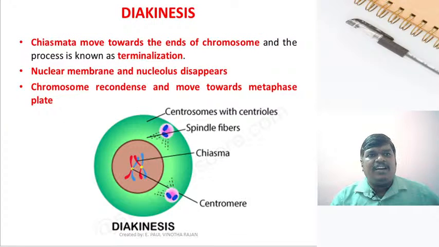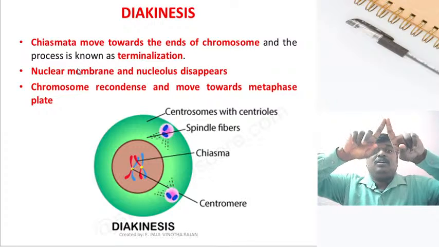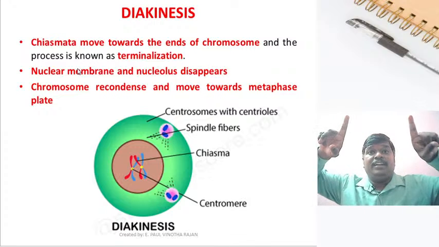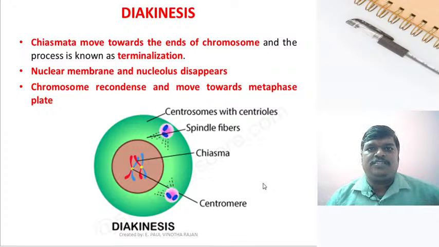Next is diakinesis. Chiasmata is the attachment point, and when it gets separated, that process is called the terminalization process. That is called the diakinesis process.